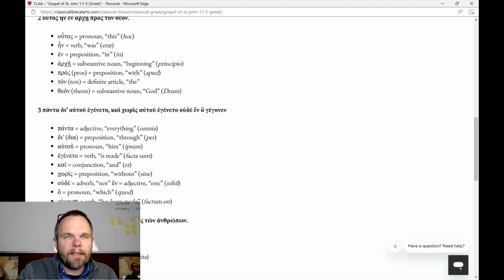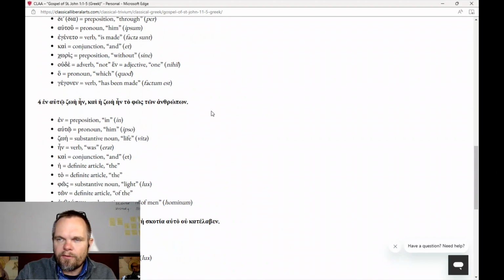Egeneto and gegonen come from the same verb, but they're different forms. So in Greek grammar, you'll eventually study all of the different verb forms and will understand where those translations come from. So verse 3, Panta di autou egeneto, kai choris autou egeneto, ude hen ho gegonen. Everything through him is made, and without him is made not one thing which has been made. That's verse 3. On to verse 4.